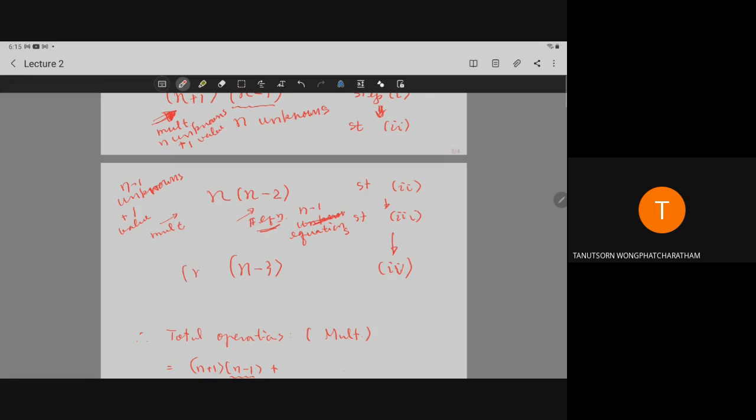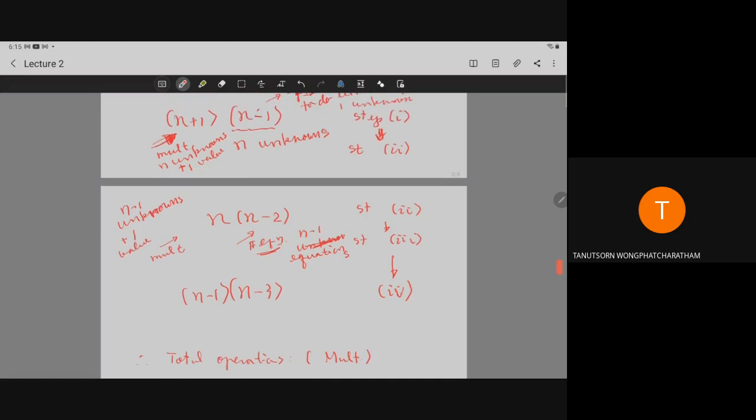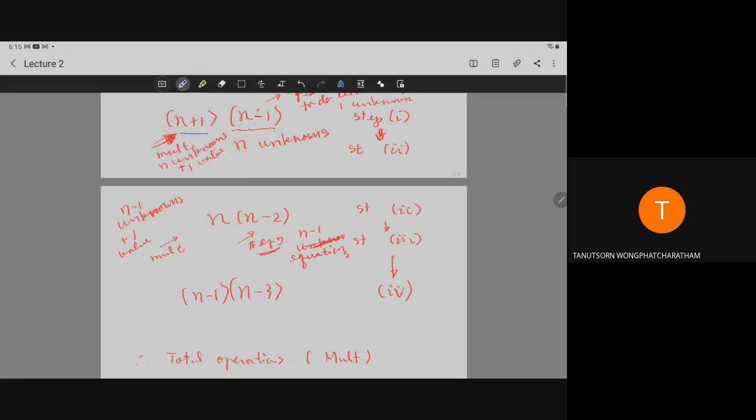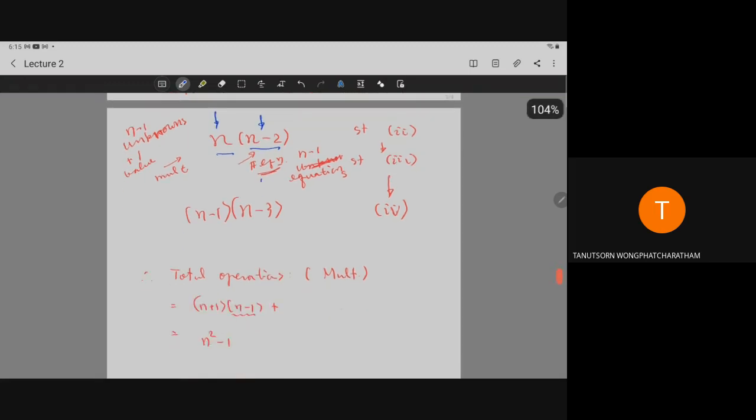So you see that each number that is multiplied to each other is always reduced by 1. And this goes all the way to the last step.